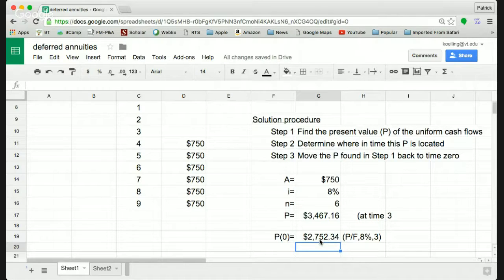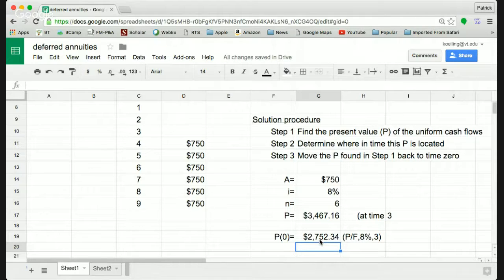So in summary, for this problem, we have converted these 6 uniform cash flows of $750, beginning at the end of year 4, continuing through the end of year 9, to an economically equivalent single cash flow at time 0 of 2752.34. So that's it.